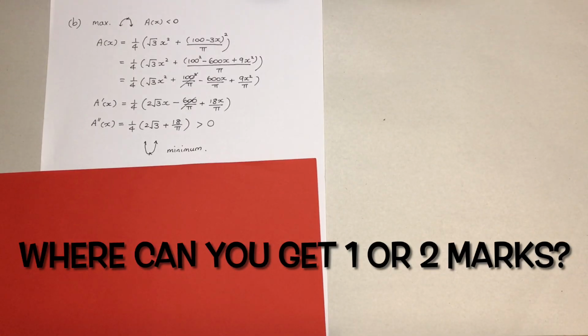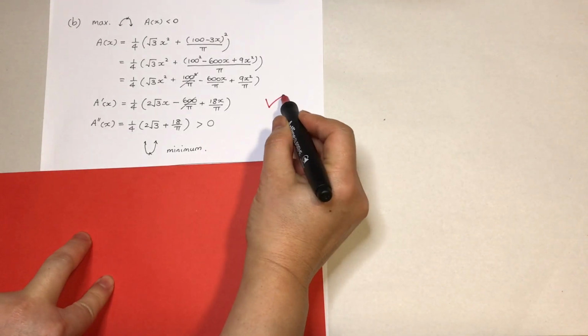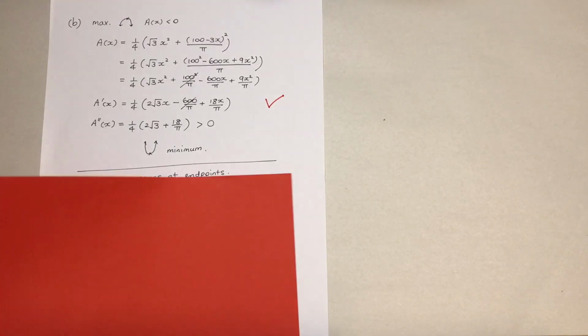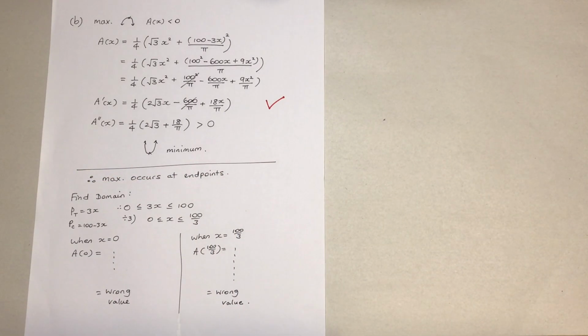If your solution looks like this, you've done the beautiful first derivative and the second derivative, and then you realize, oh, it's a minimum, not maximum. And then you just, oh, I don't know what to do. I just left it. So you probably get 1 mark for it out of 3. And then somehow you found out, oh, if this is a minimum, maximum occurs at endpoints.